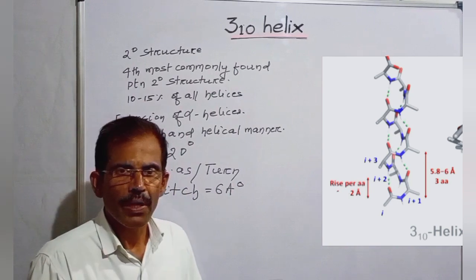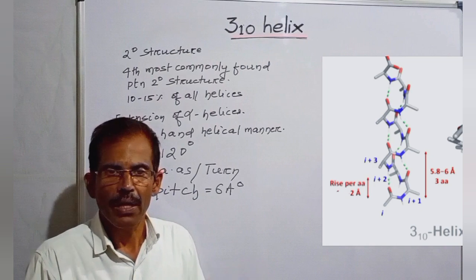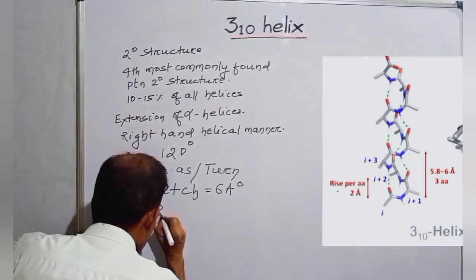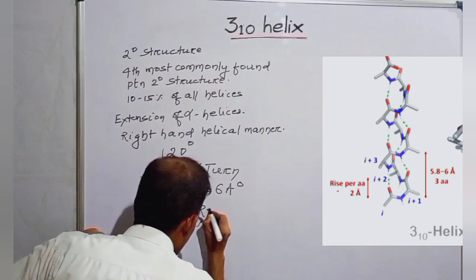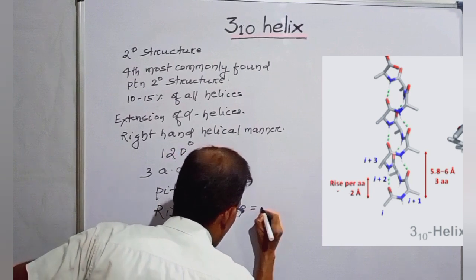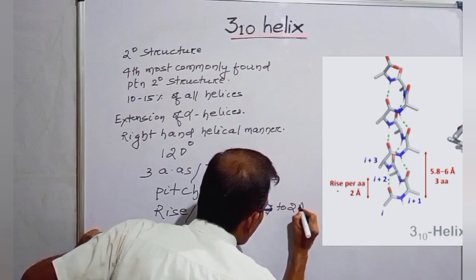The pitch of a helix is the height of one complete turn measured parallel to the helix axis. So the rise per residue is about 1.3 to 2 angstrom.